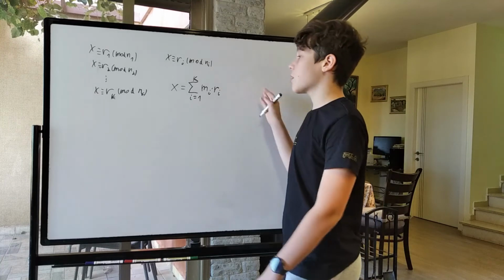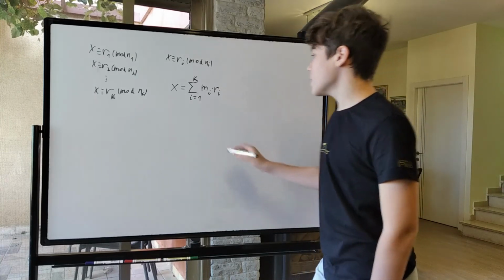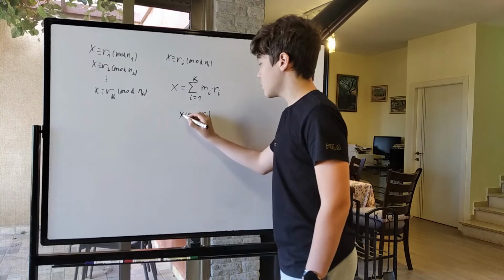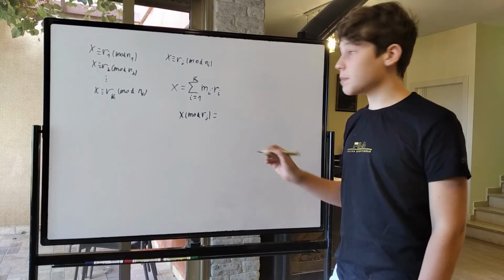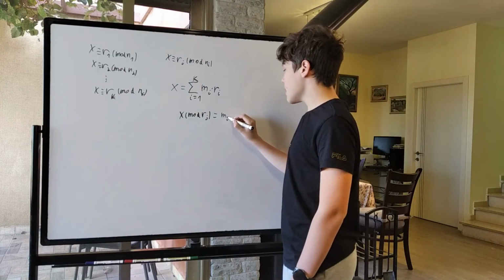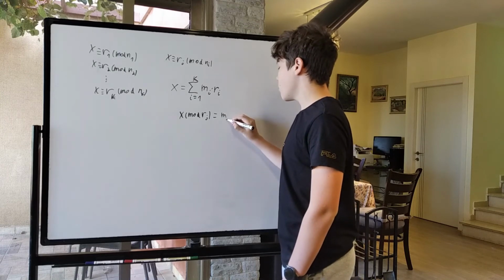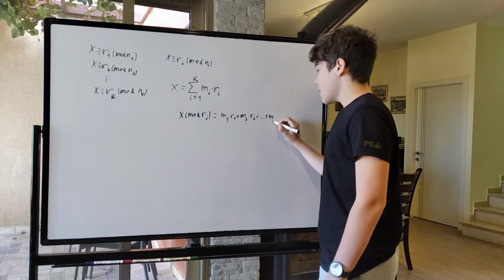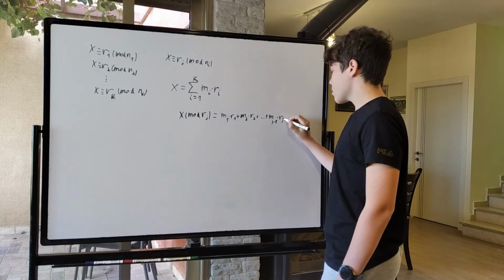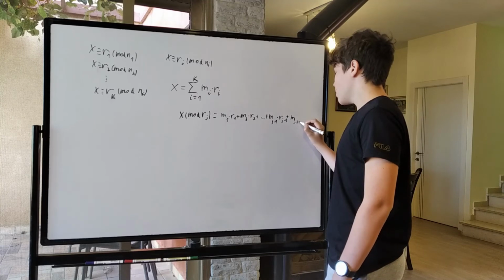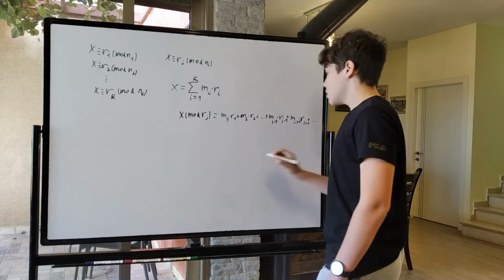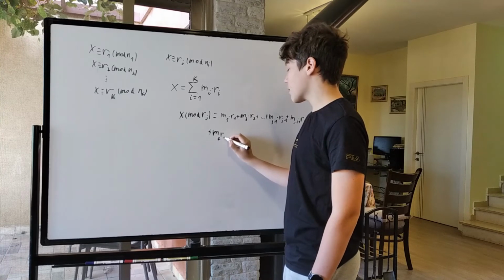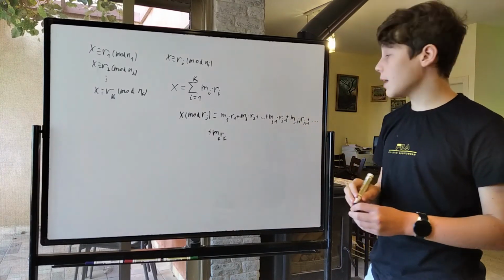Let's look at x mod nj. So we can split this up: x is m1 times r1 plus m2 times r2 all the way on until m(j-1) times r(j-1) plus m(j+1) times r(j+1), and so on until we reach the end of mk rk.